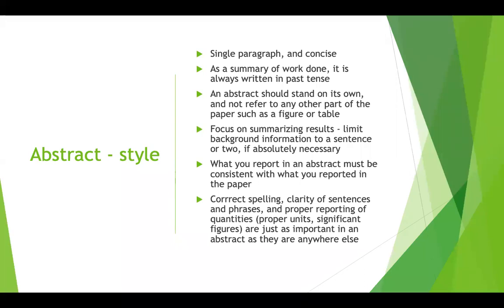You have to cover the whole concept of your scientific paper in just a single paragraph. As a summary of work done, it is always written in past tense, because you are not performing it right now, and you will not be doing the experiment in the future. You have done this already, so you will always use past tense to describe it in the abstract.